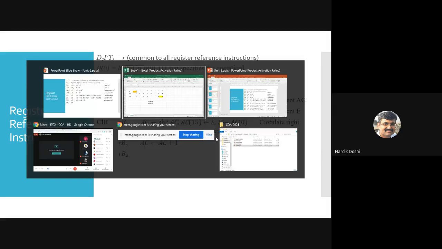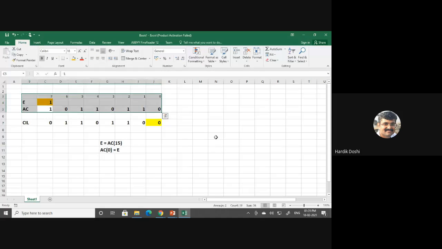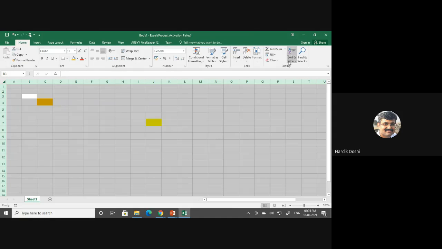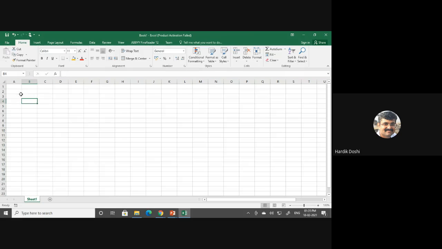Now let me demonstrate the same. Okay, now see this. There is a program written in assembly language. The program consists of 10 instructions: 1, 2, 3, 4, 5, 6, 7, 8, 9, and 10.